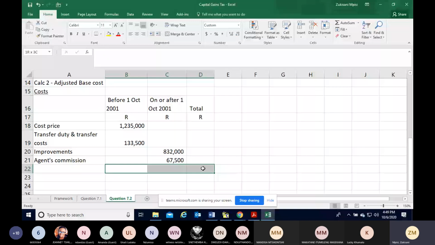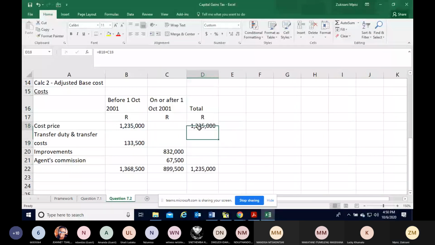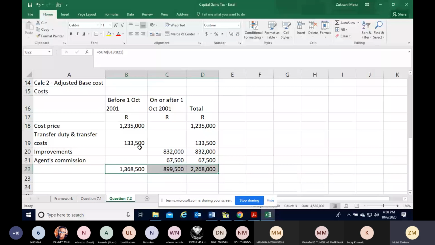So we can now cost these assets. So your total would be this column plus this column. So at this point, this means that the cost of your asset is therefore 2,268,000.